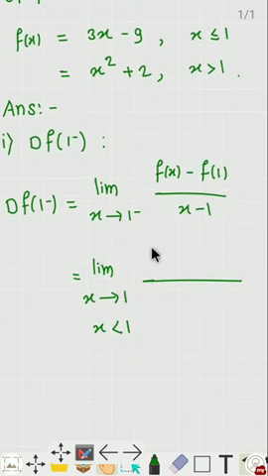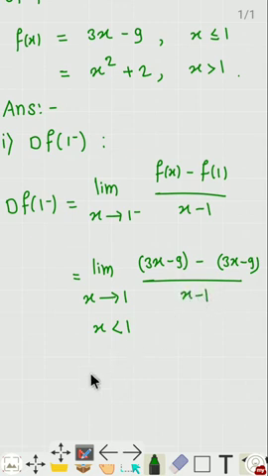That function is 3x minus 9. Okay, minus, and what is f of 1? f of 1 is also 3x minus 9, and whole divided by x minus 1. So value is again 0 in first case.